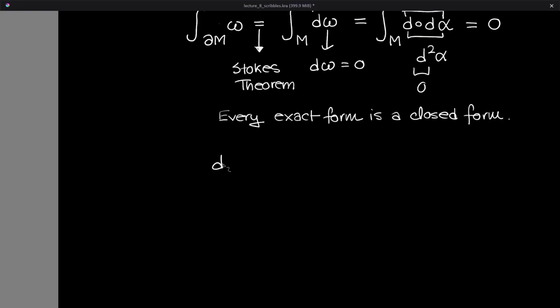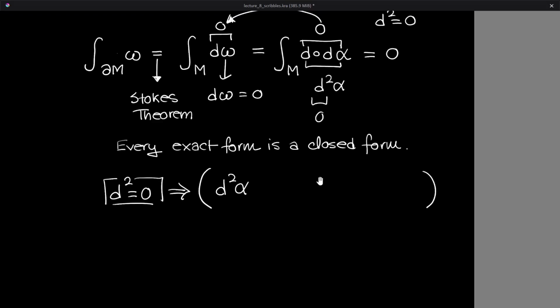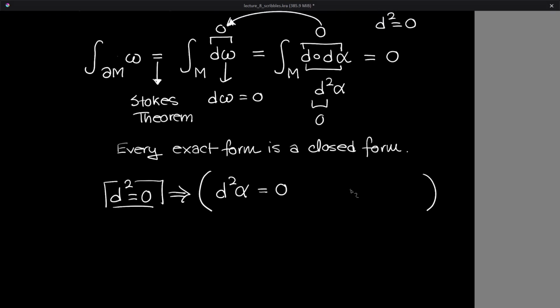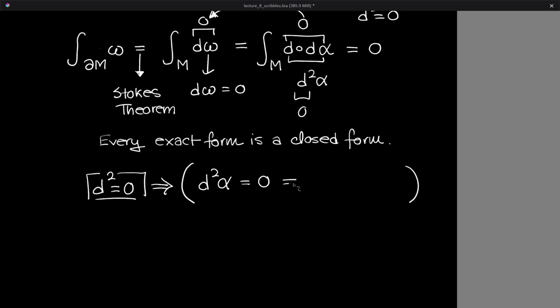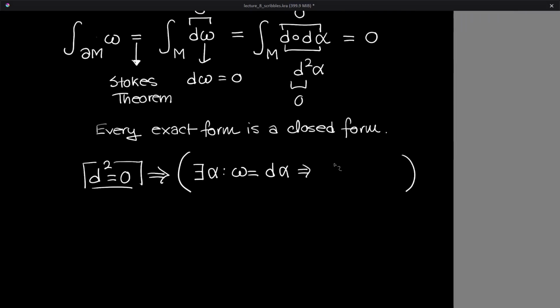So basically what I'm saying is d squared equal to 0 implies the whole statement that d squared alpha equals 0 implies that, or this is what I want to say: there exists alpha, omega is equal to d alpha, implies that d omega is equal to 0, right?